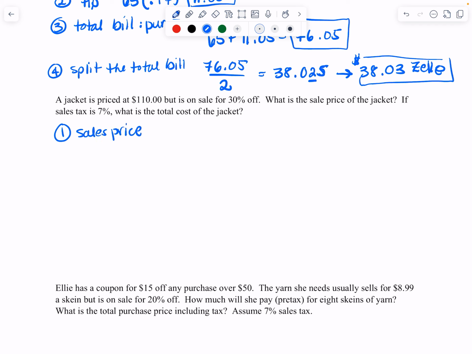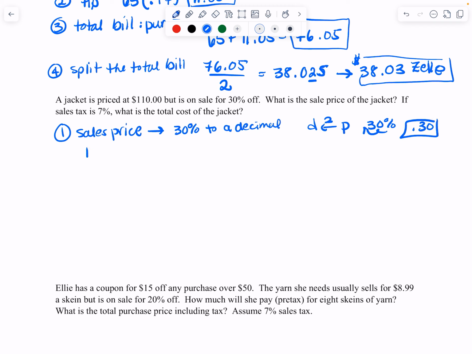To find the sales price, the first thing I have to do is, it's on sale for 30% off. So I'm going to have to change the 30% to a decimal so I can work with it. So again, starting in percent, going to decimal, 2 places to the left. When I do that, I get 0.30, and that's what I'm going to work with.